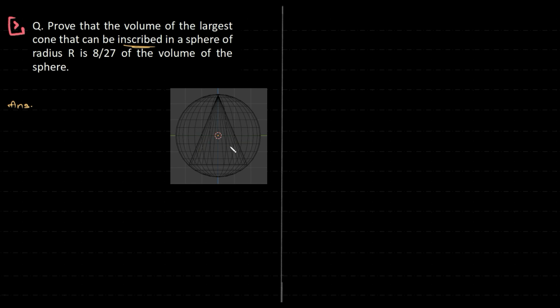Okay, so we need to draw a sphere and a cone similar to this, whatever I have drawn or copied, to be more precise.